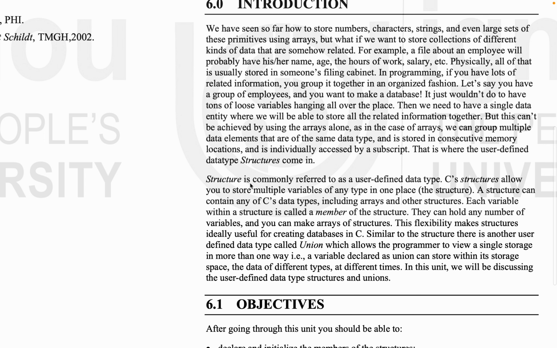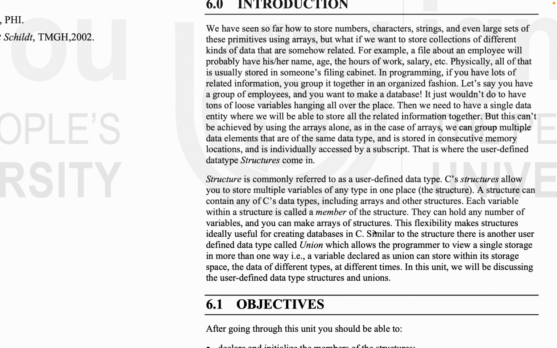Okay, a structure is commonly defined as a user-defined data type. A C structure allows you to store multiple variables of different types in one place. A structure can contain any C data type, including arrays and other structures. Each variable within a structure is called a member of the structure. They can hold any number of variables and you can make an array of structures.